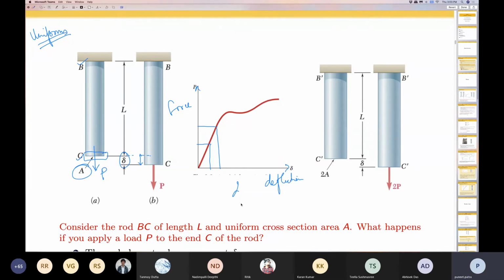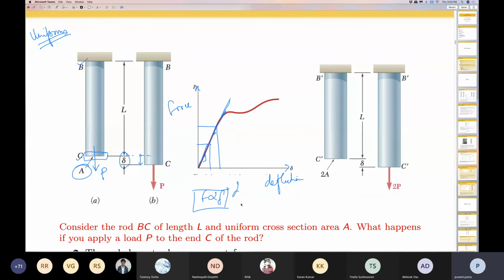If you focus your attention towards this diagram, you would see that the initial stage of the force displacement diagram is linear. That is, in initial stages, force is directly proportional to delta. And a similar situation occurs in springs also, right? You take F is equal to Kx or F is equal to minus Kx.